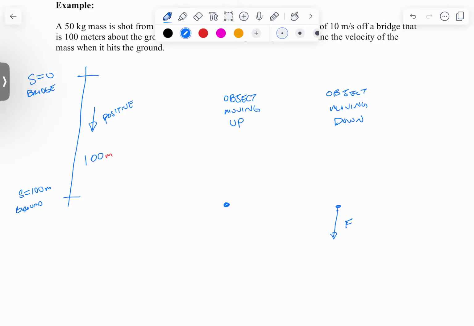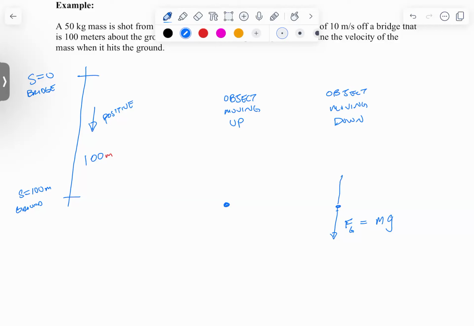In the down direction, we have gravity, which we use with what formula? Newton's second law of motion, F equals MA, but the acceleration is gravity, G.